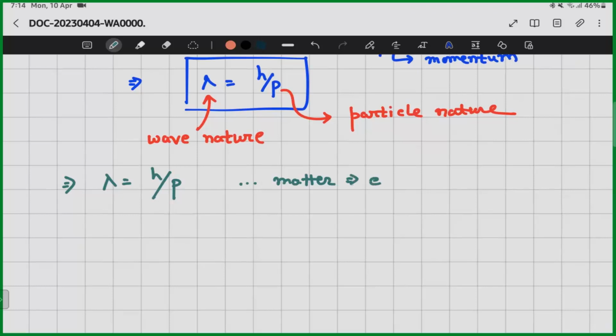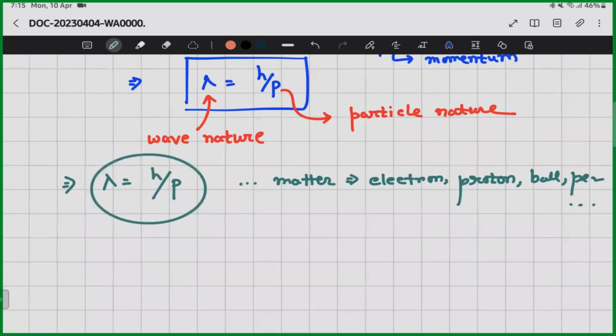Like we can say electron, proton, every matter, not only electron and proton, but everything: ball, pen, everything. That's why this is a general equation. That's why I write this equation as h by p, where p is momentum. It can be for light, it can be for some classical macroscopic element as well.